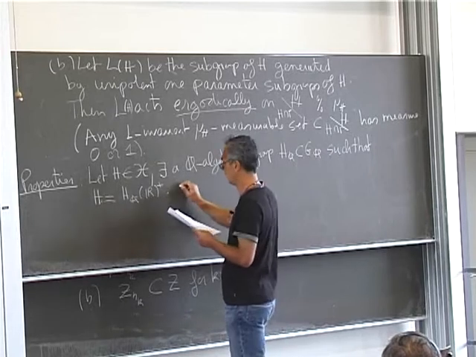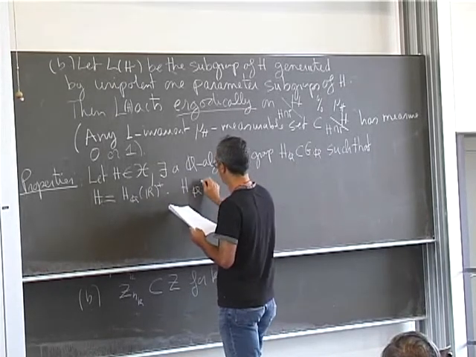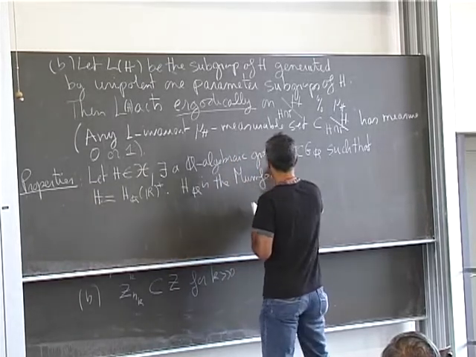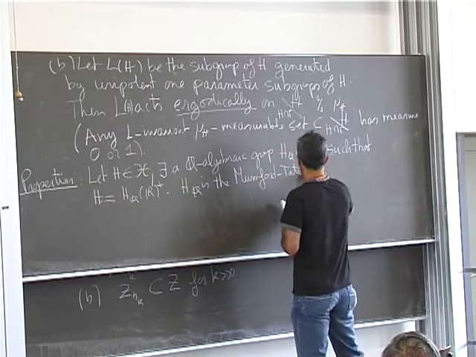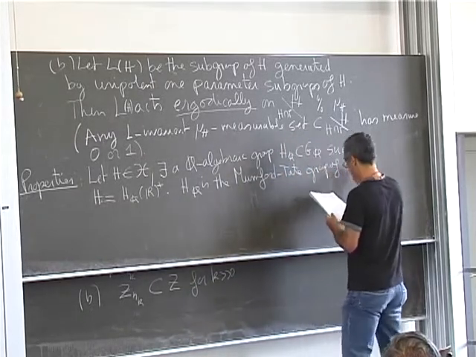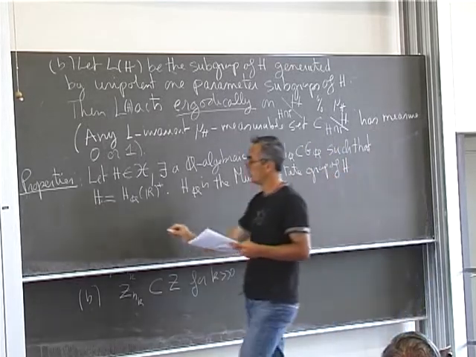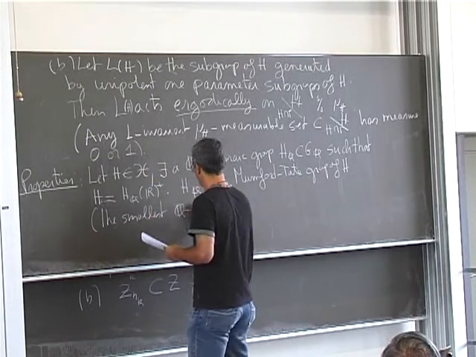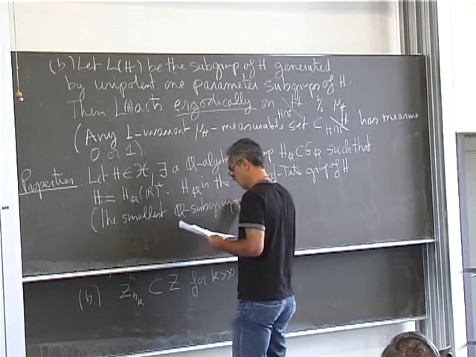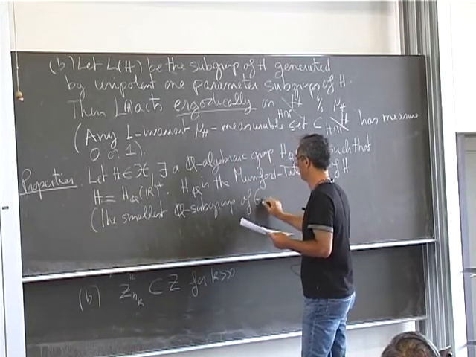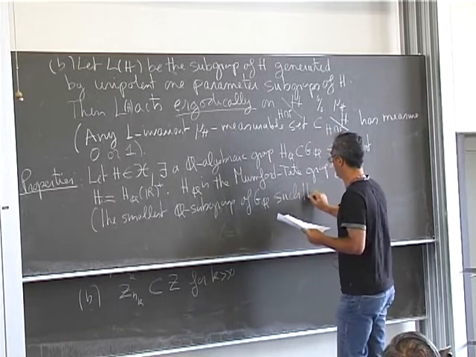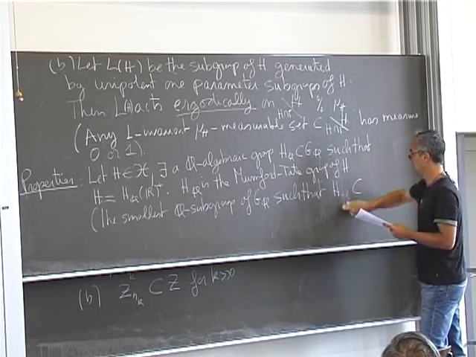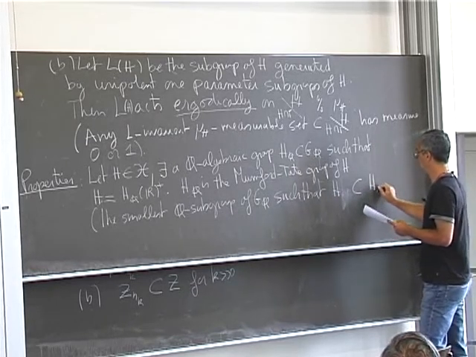And HQ is the Mumford-Tate group of H. So I mean the smallest Q subgroup of GQ such that H is inside HQ of R plus.